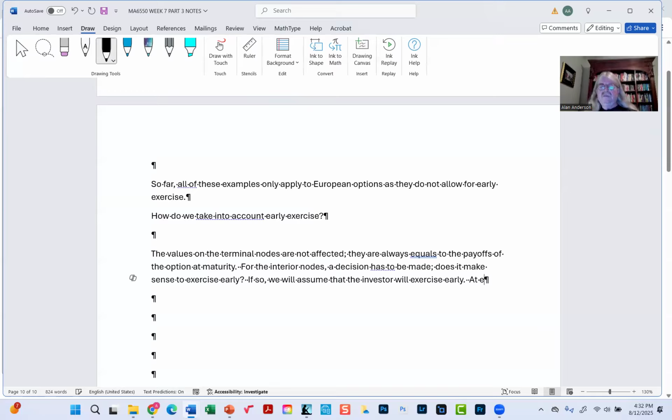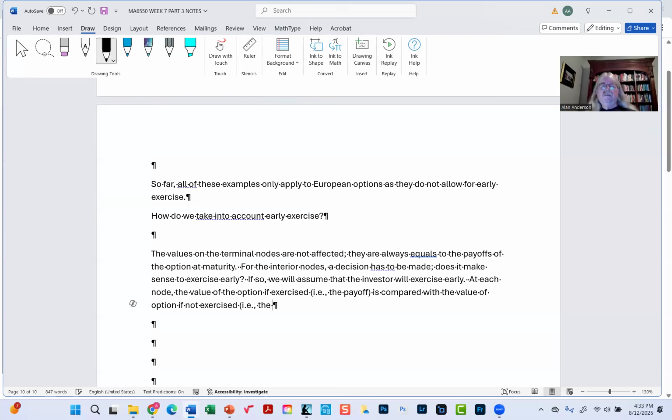So in each node, the option exercise payoff is compared with the value of the option if not exercised. In other words, the present value of the expected payoff.